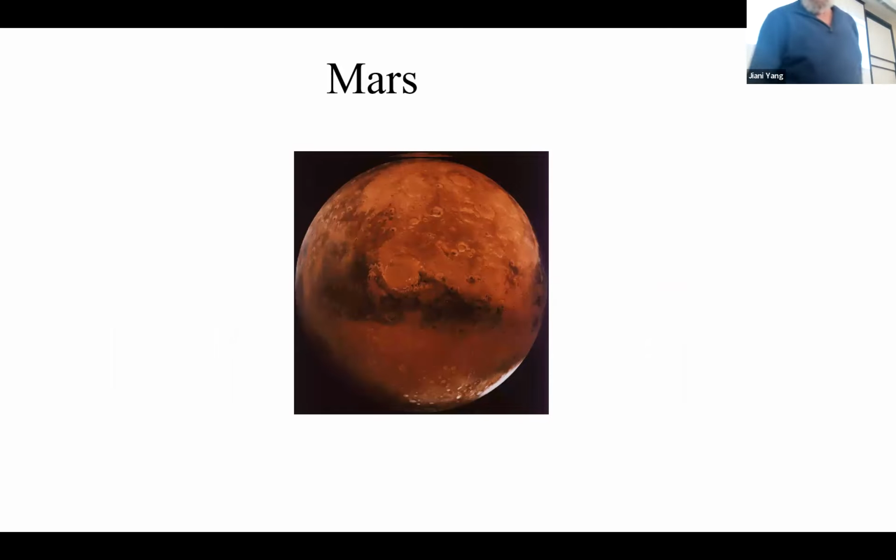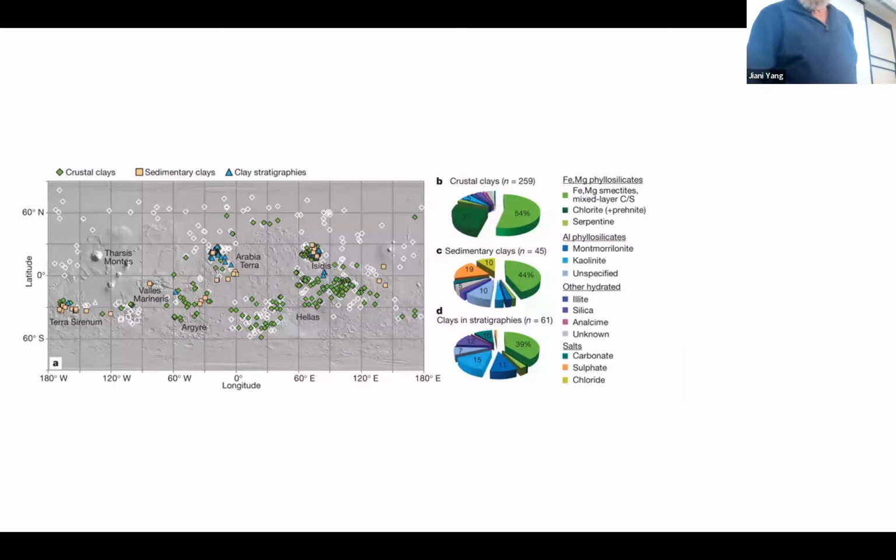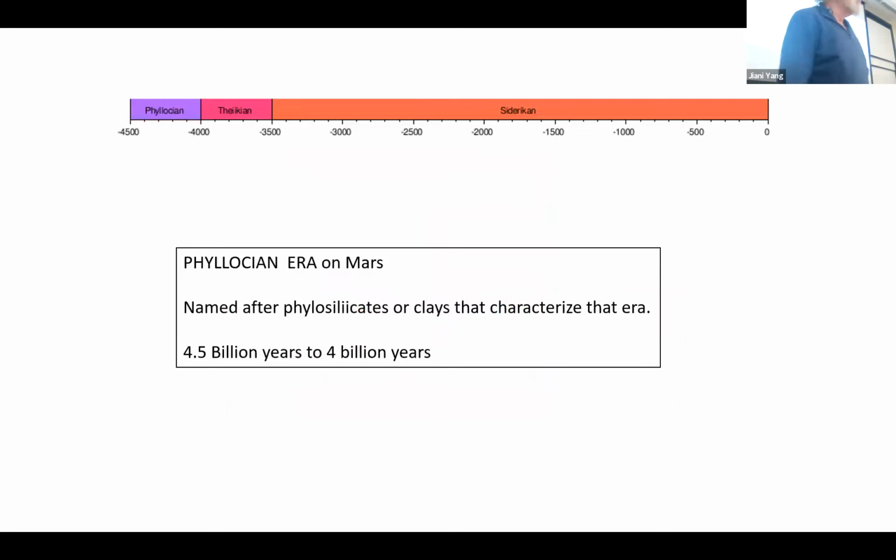Mars. Well, Mars is of interest because they found clays. And why is finding clays on Mars so important? Because the area where they found the most interesting clays are between 4 billion and 4.5 billion. Now, the biggest problem we have on the origin of life in terms of a memory in the geological record is that we're missing that exact amount of time on Earth.